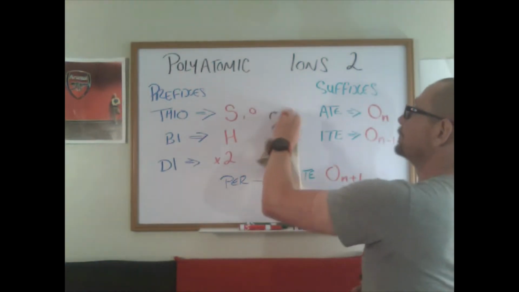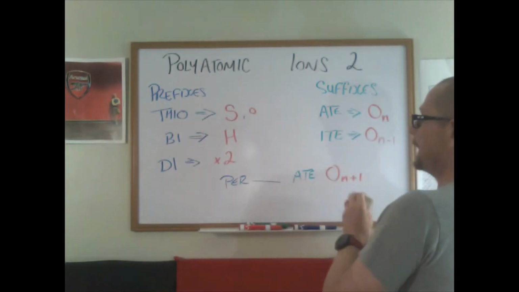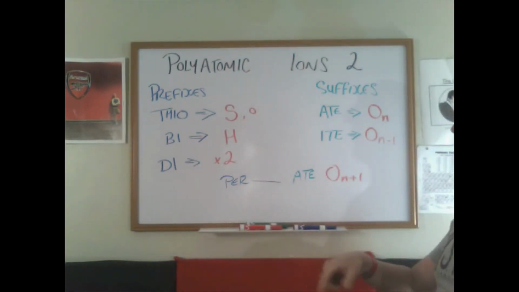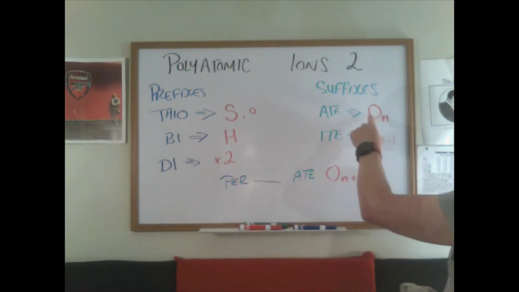And then if the oxygen is N minus 1, we just have -ite. So it's -ate, -ite.